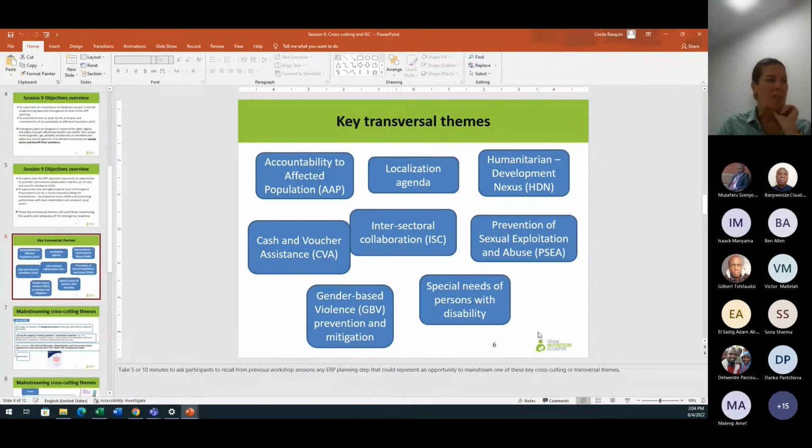Can I have maybe a participant who would like to volunteer and share a thought on this? What step do you think we could use to make sure we mainstream accountability to affected population principles? So we take into account gender-based violence risk and have prevention and mitigation measures. When can we pay attention to the special needs of persons with disabilities?